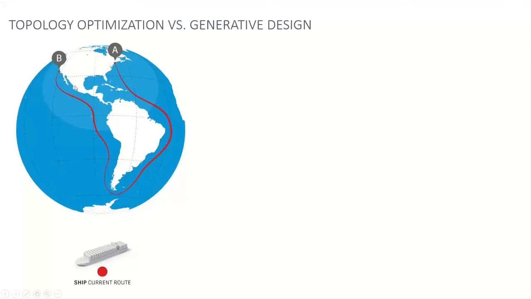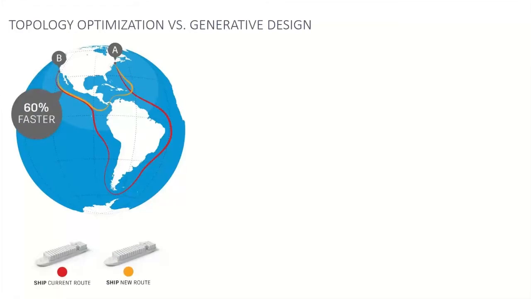Okay, but using the topology optimization, okay, we can provide a new ship route. Okay, so maghahanap ngayon siya ng ibang way, okay, para mas maging 60% faster yung pagpunta natin from point A to point B. Because our target is to move from point A to point B. Okay, this is the transportation. Okay, kino-compare lang natin ito dun sa design phase natin. So another way, this is the optimization.